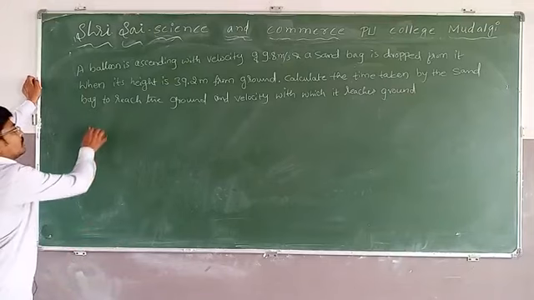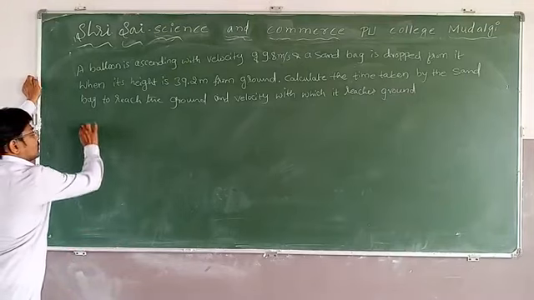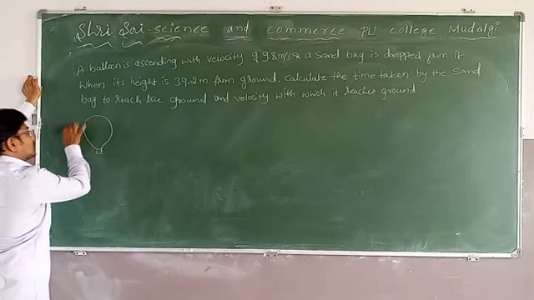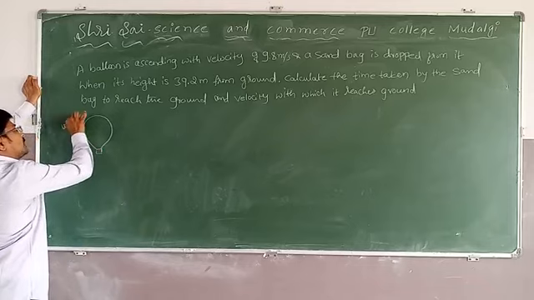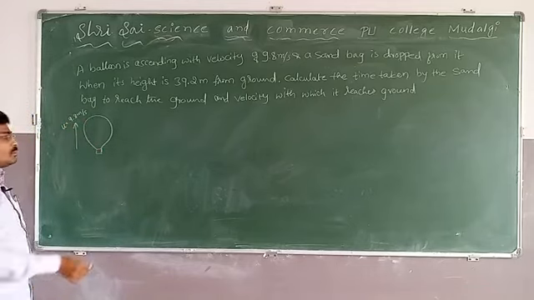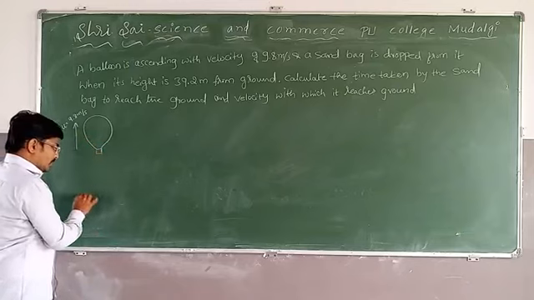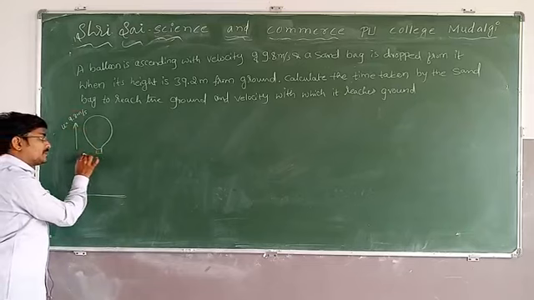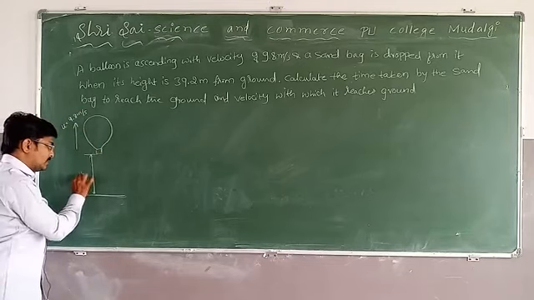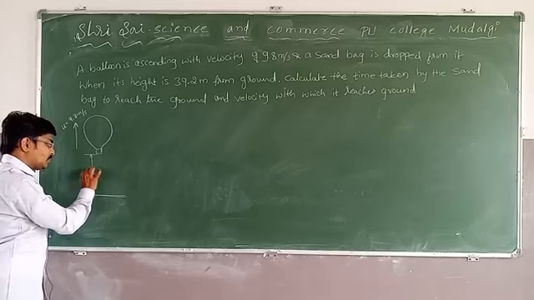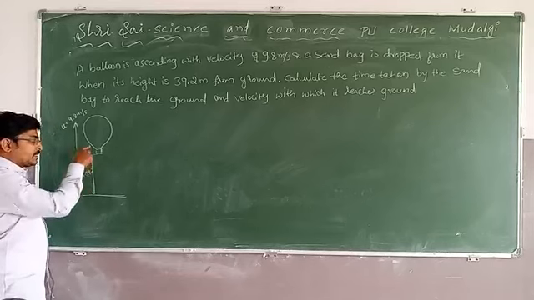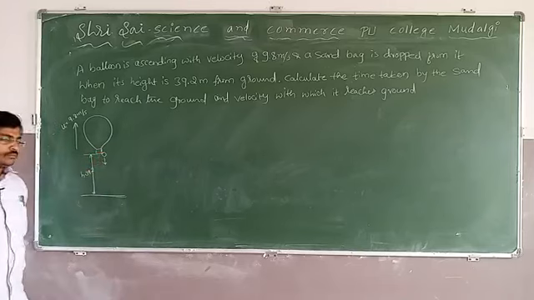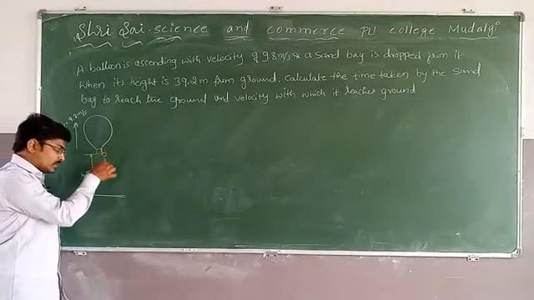See, just consider a balloon. The balloon is here, rising with velocity u, that is 9.8 meter per second. Consider a balloon from the ground moving in this direction. When it is at height h equal to 39.2 meters, they drop one sandbag. That sandbag will move in the downward direction.